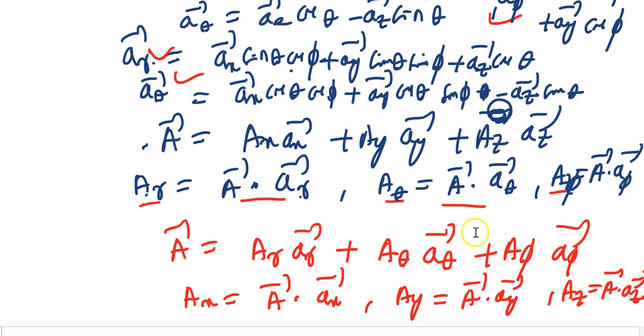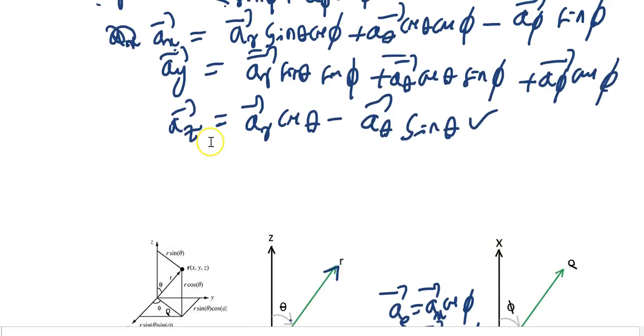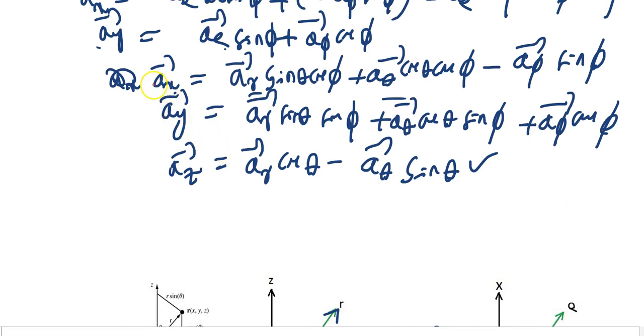So already we have expressed the x, y and z in terms of spherical coordinate systems before. Here you will be using these pairs to find the vectors in the Cartesian coordinate systems.